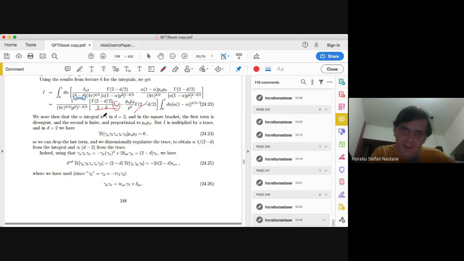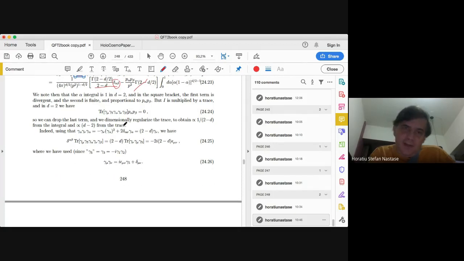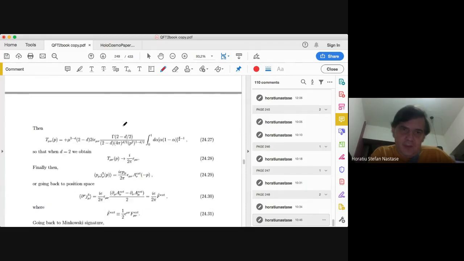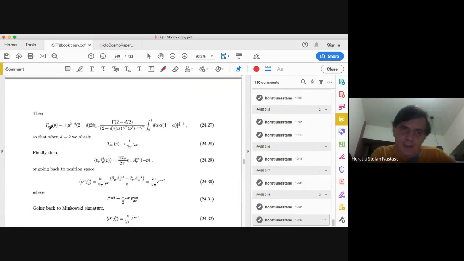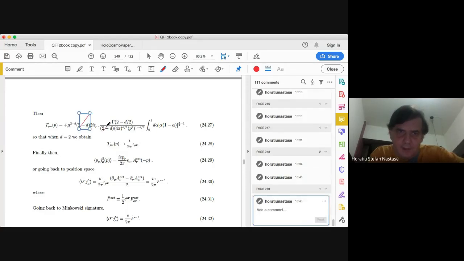But I had 1 over 2 minus d divergence from the loop integral, so now I get something finite from the trace. So finally the expression T mu nu of P, I have this 2 minus d canceling.